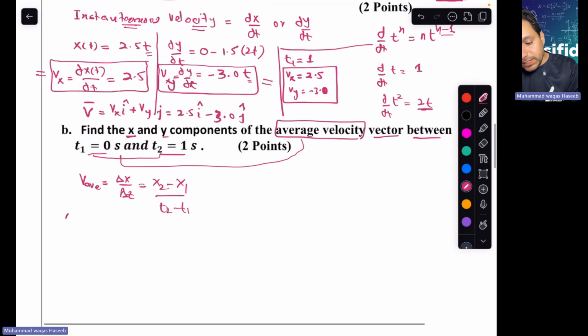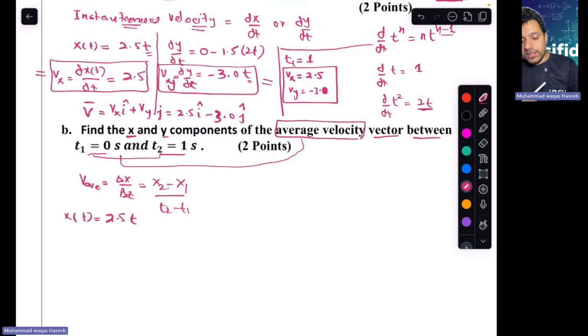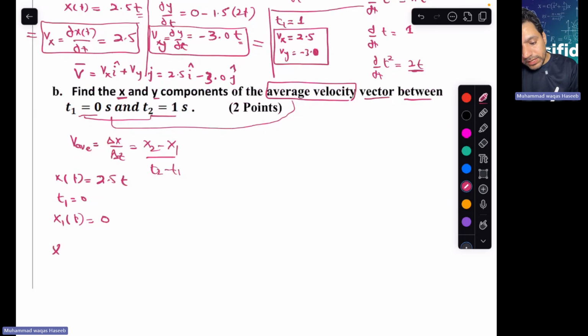What is x of t, which is 2.5t? At t1 equals 0, x1 is 0. What is x2? The function at 1, which is 2.5.